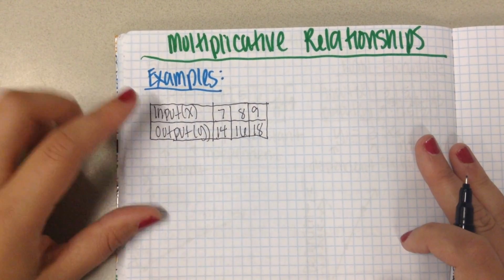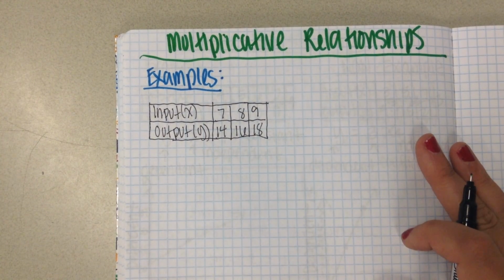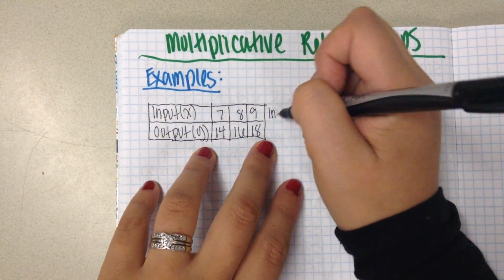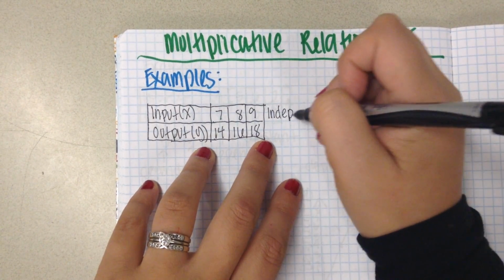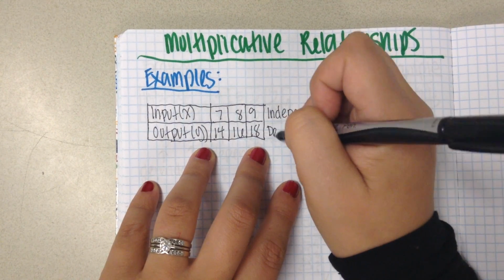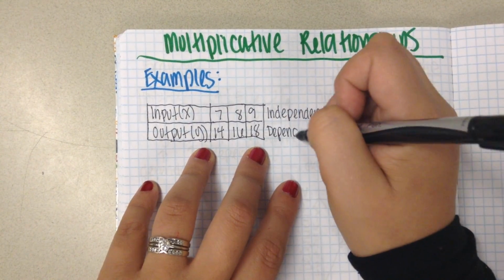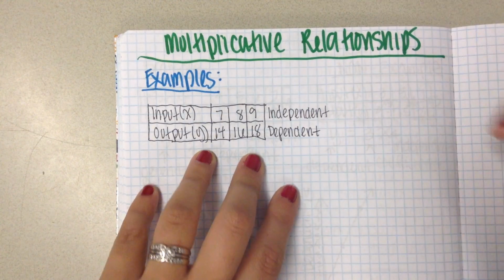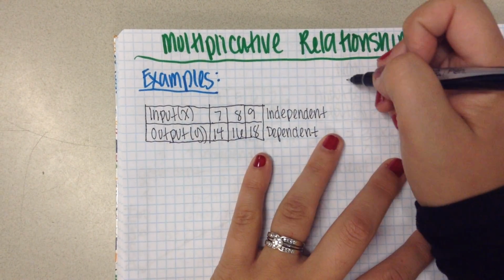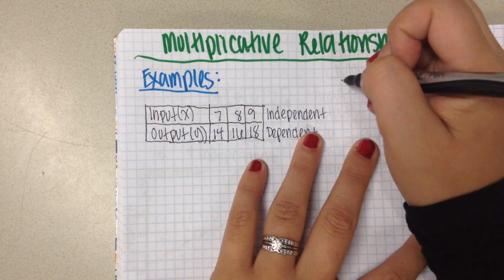If you look at my table, this is my independent and this is my dependent.